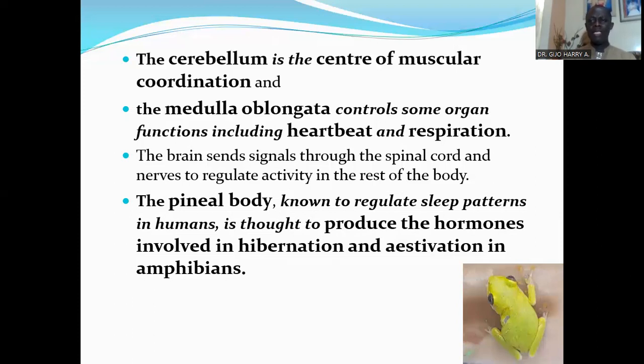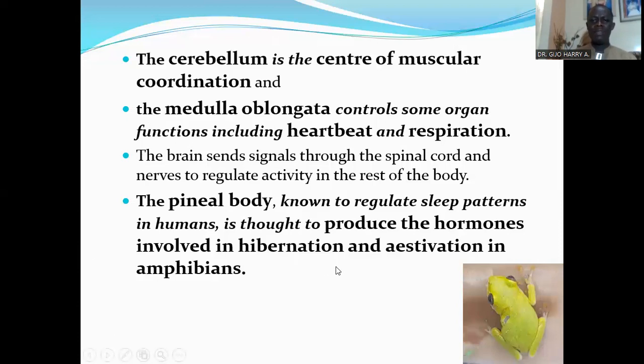And what's hibernation? Hibernation or estivation basically refers to the process in which an organism, in response to harsh or adverse environmental conditions, slows down its metabolic rate and gets to a state of dormancy in which the organism doesn't feed and does not carry out other physiological activities.